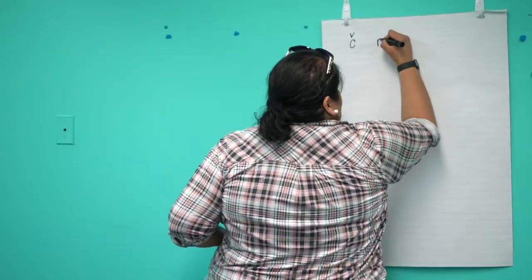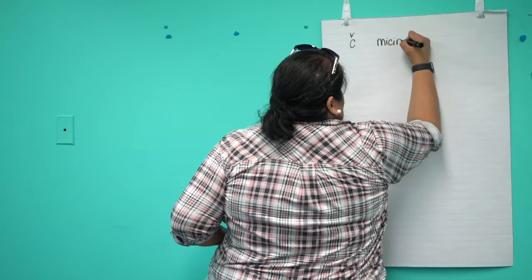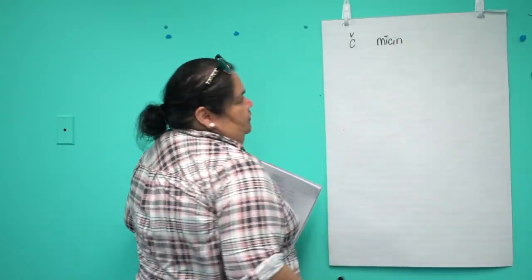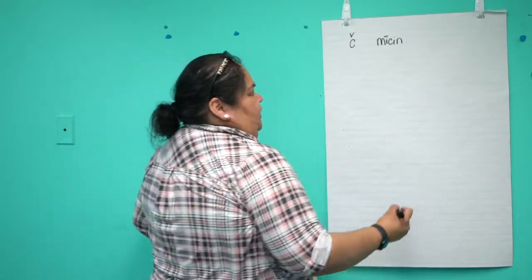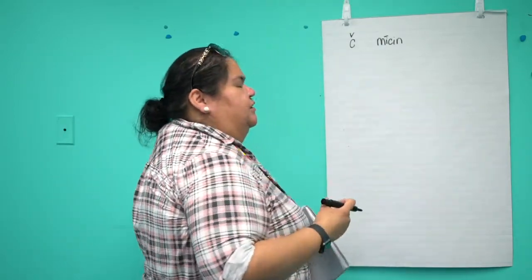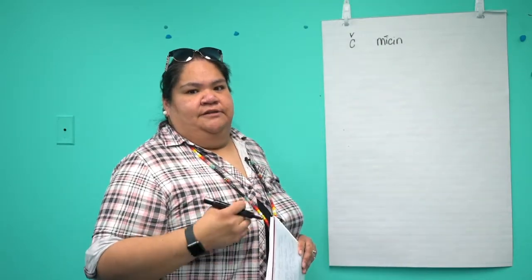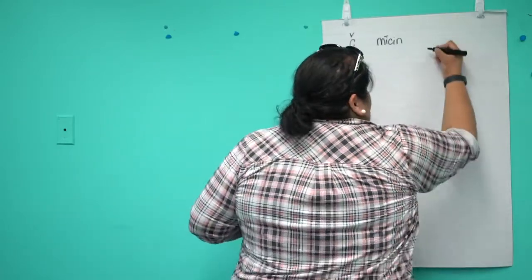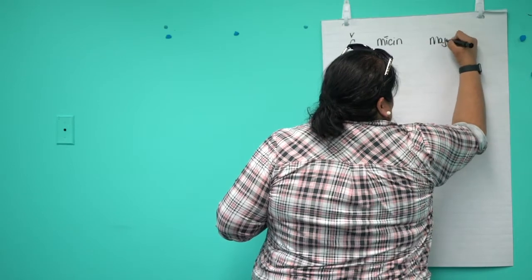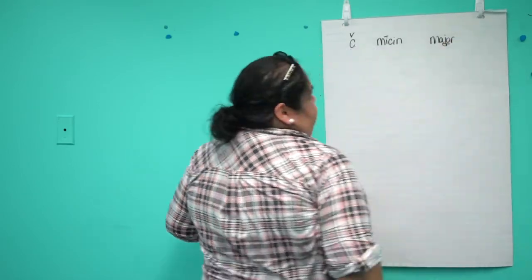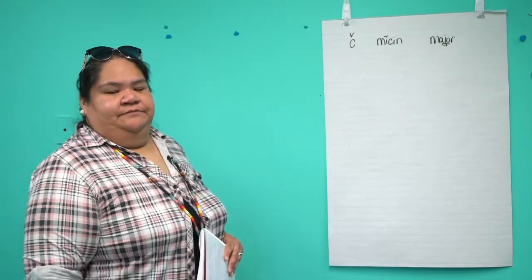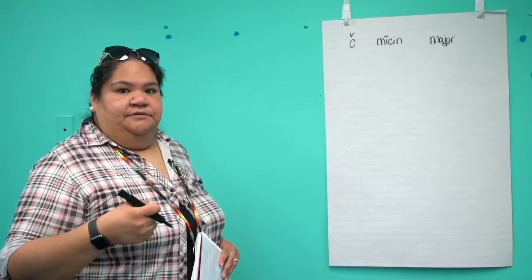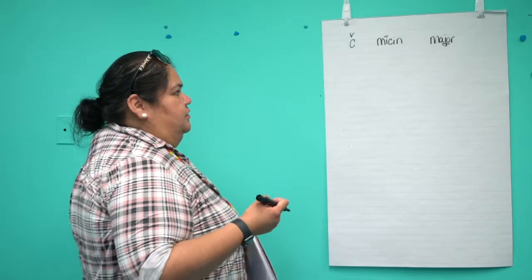So, for instance, mi jin. Mi jin. It sounds like a J sound. Mi jin. It's like to eat. Okay, mi jin.